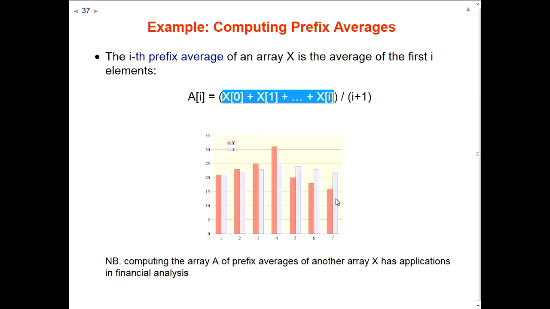There are important applications of these prefix averages, in particular in financial analysis. I'm not sure if you have seen that, but people look at the development of stock market prices in order to investigate the actual trend of the stock price, and people typically use a window and say this is the 30-day moving average or the 180-day moving average.